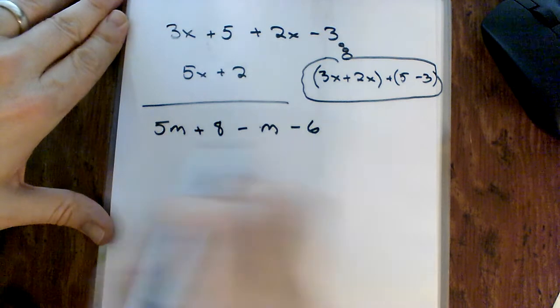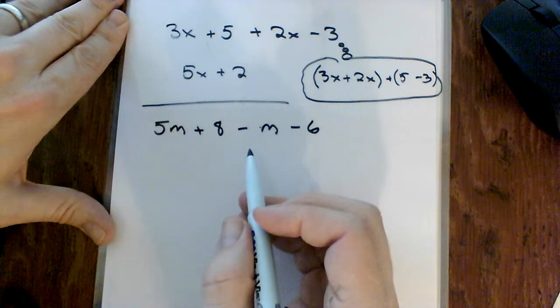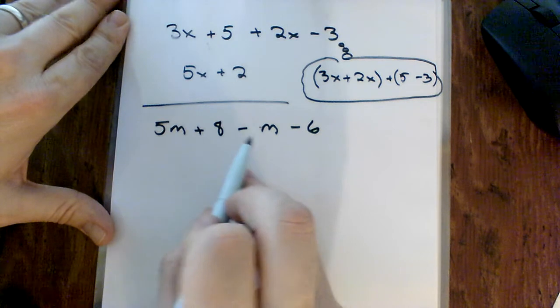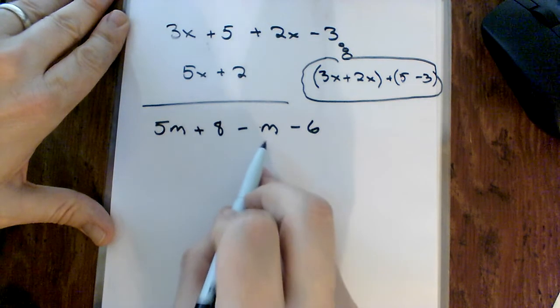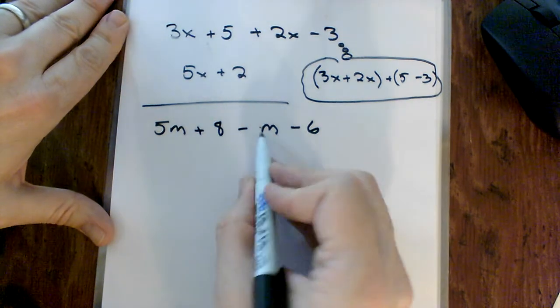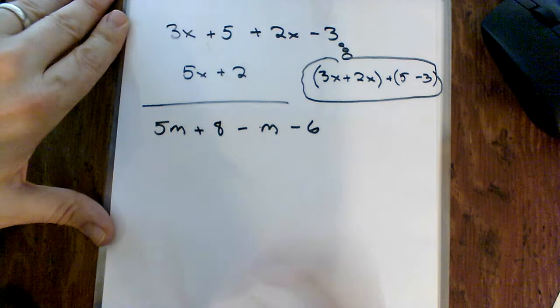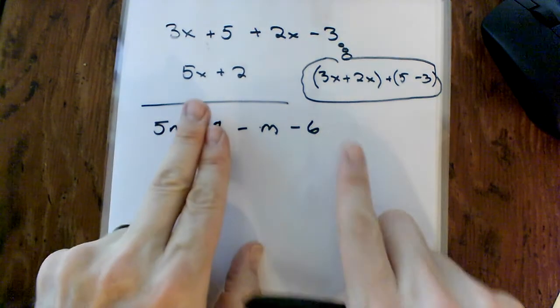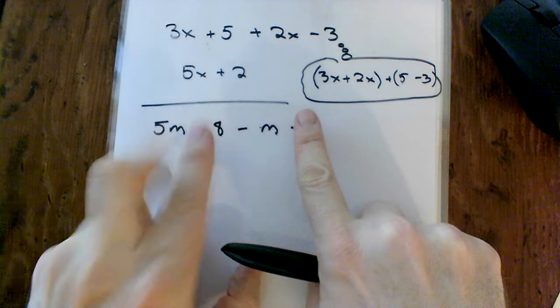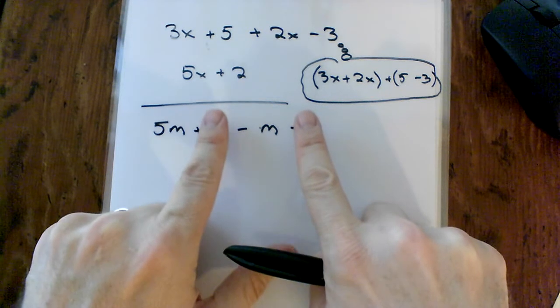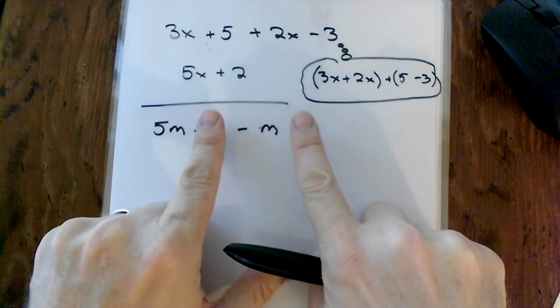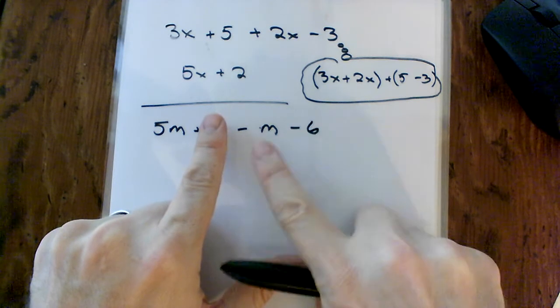Now, I threw a couple little curveballs in here, because I don't have a coefficient in front of this m term right here. So again, I can think of this as 5m minus m. And if I were just saying this in English, it would be like saying, I'm taking 5 boxes marked M, and I'm taking away a box marked M.